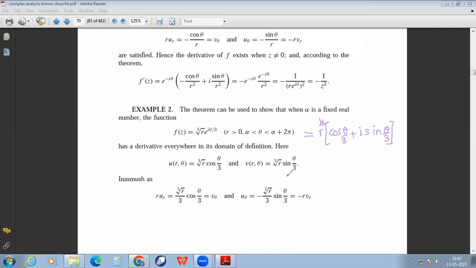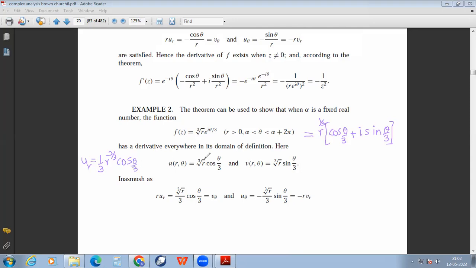Now you go for what will be u_r, v_r; we have to differentiate the things. So what will be u_r then? It is cube root, so 1/3 as the coefficient, and r will be raised to what? 1/3 minus 1, so minus 2 by 3, into cos theta by 3 as it is.